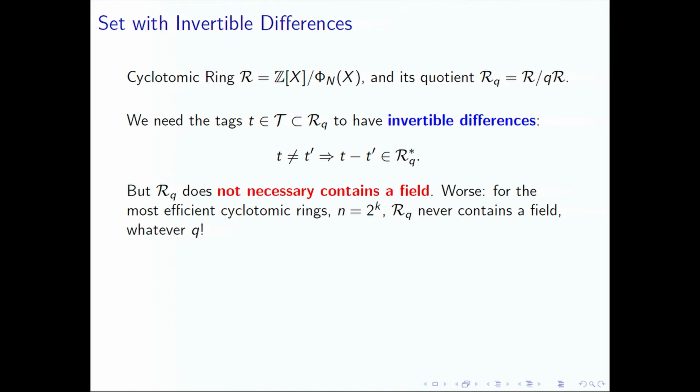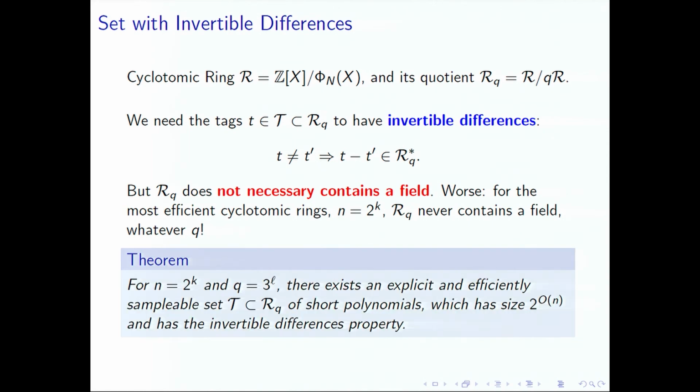Even worse for the case that we really like, which is the case of cyclotomic rings for degrees at the power of 2. Whatever the modulus you choose, your ring will never contain a field. So fortunately, we can explicitly and efficiently construct such sets. There won't be subfields, but we can construct them.